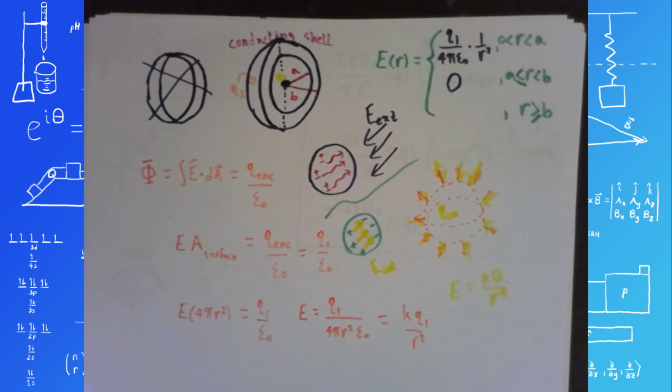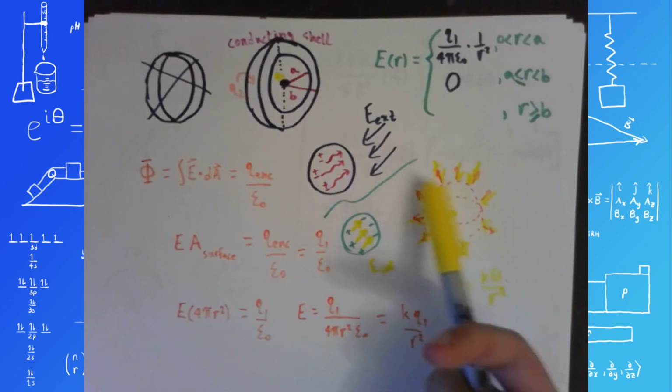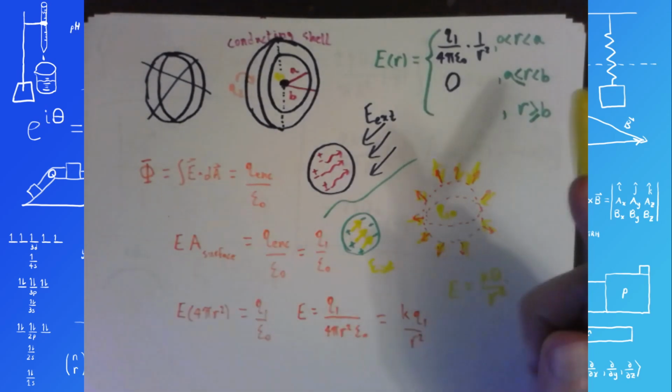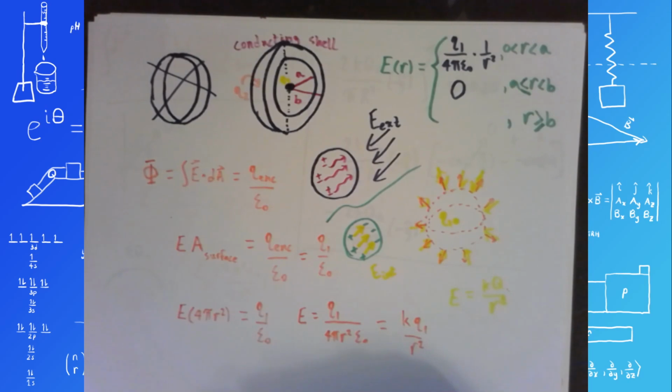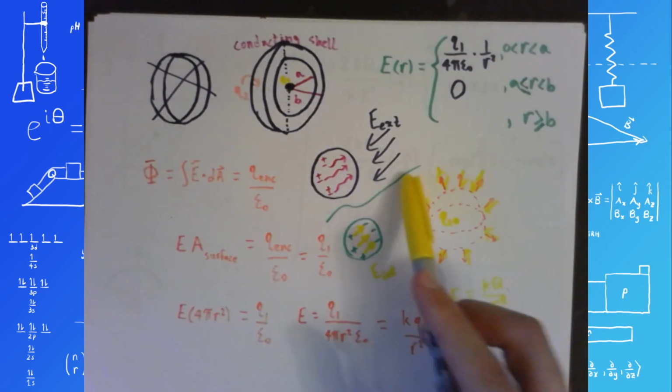We have a limited quantity of them. Even if it's billions and billions and billions of them, a billion billion billion is still a finite number. So it is possible to have a non-zero electric field in the bulk of a conductor, but it's going to require a super strong electric field.